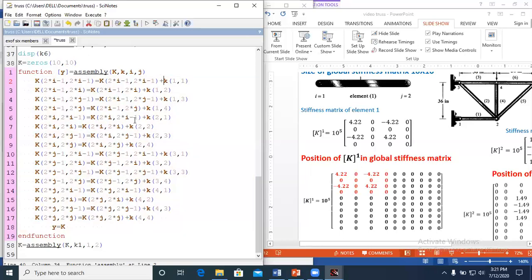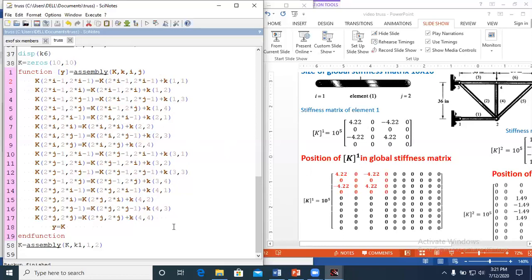K21 is 0 again and it is replaced by k21, that means this 0 is added in the matrix. Now K22, because 2i into 2i is 22, it is 0 and k22 of this matrix is added to that term. The same thing is repeated up to 44.